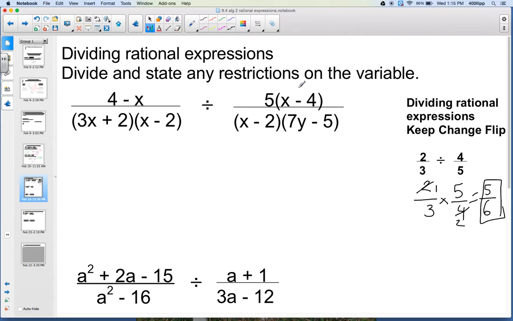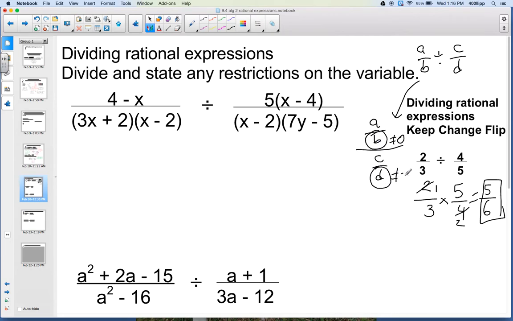So this one is a little bit different because let's say, for example, I am doing A over B divided by C over D, okay? So right now, if I rewrite this as A over B divided by C over D, I know B cannot be 0 because it's in the denominator.